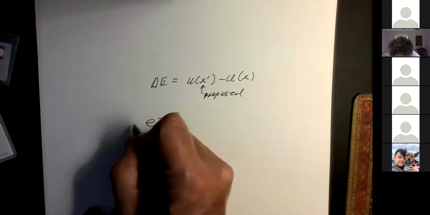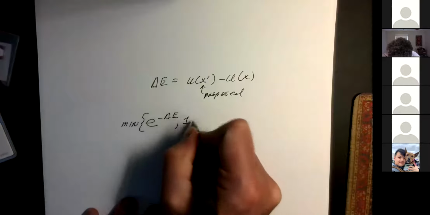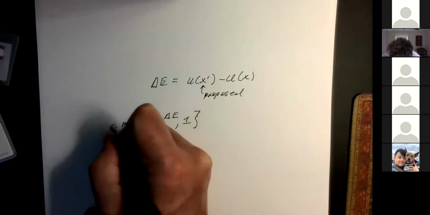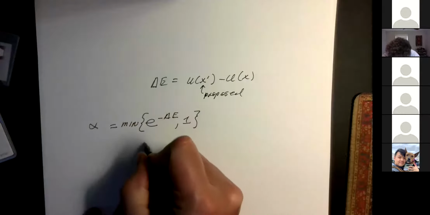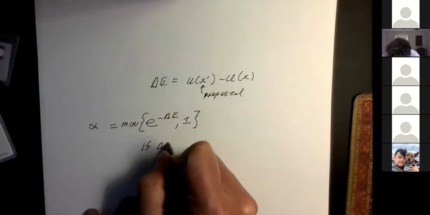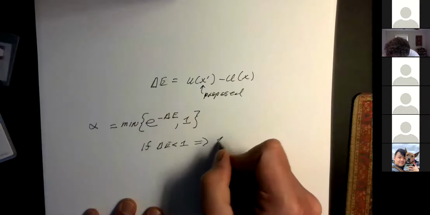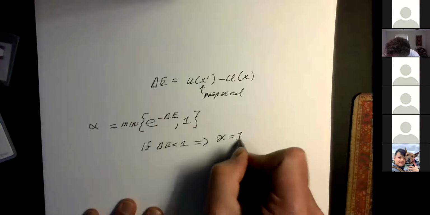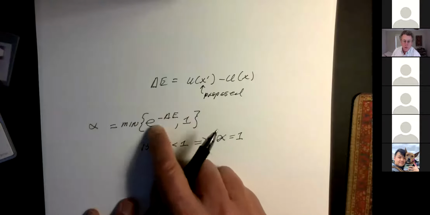So if you take the minimum of this and 1, and you set that to alpha, then when delta E is less than 0, alpha is going to be equal to 1, because this thing is going to be greater than 1, and the minimum of 1 and this thing is going to be 1.